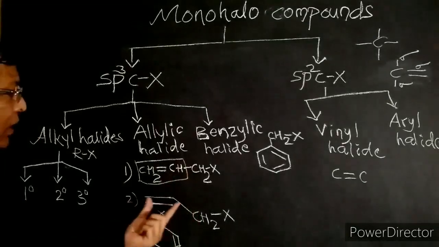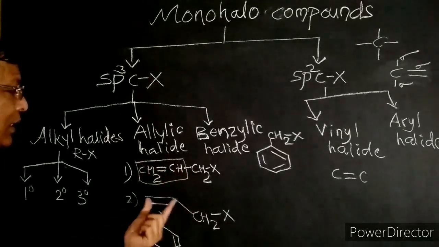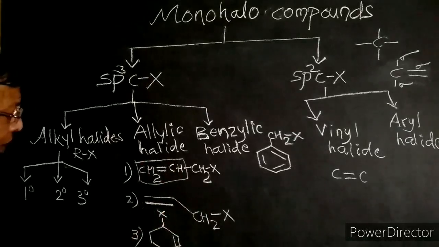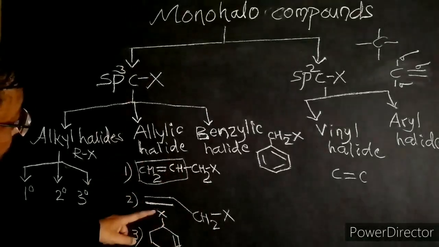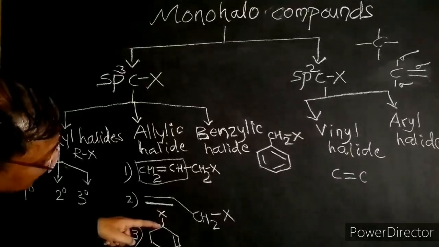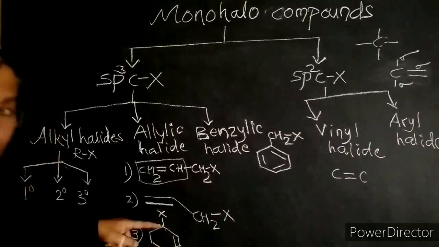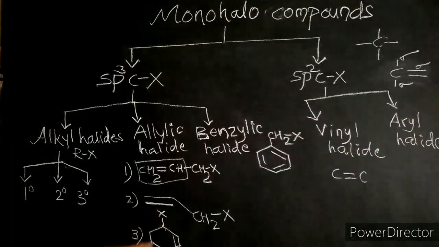This is the symbolic representation of this structure. This is the bond line structure, and this is also one example of an allylic halide, meaning the halogen atom is attached to this carbon which is next to the carbon-carbon double bond. Therefore, this is also an allyl halide.